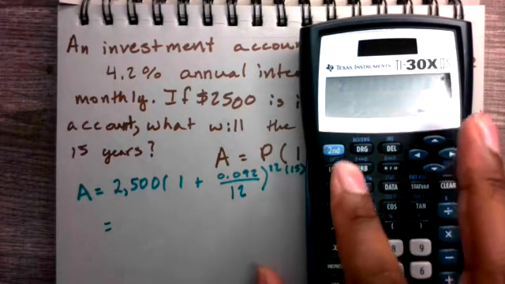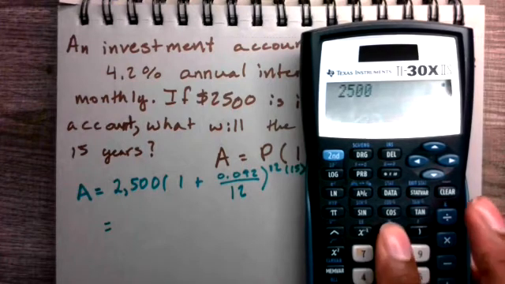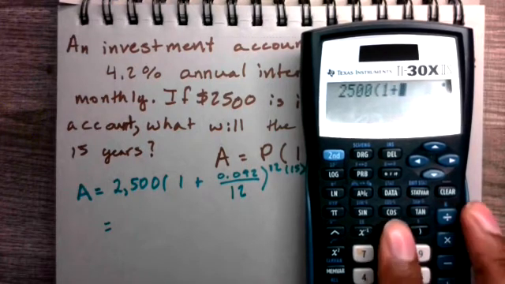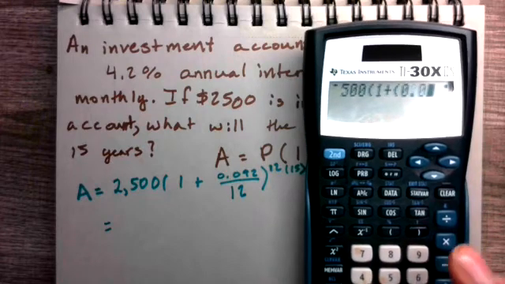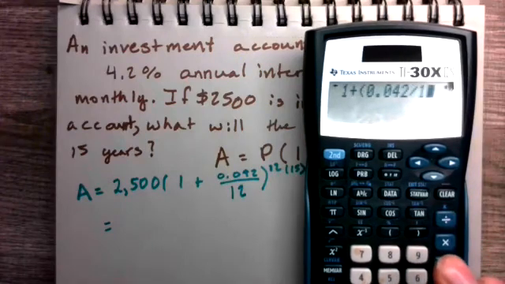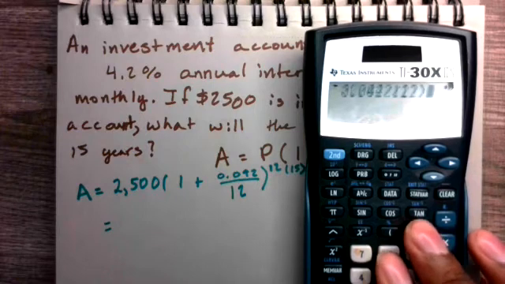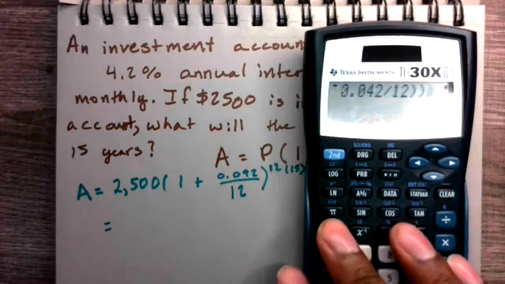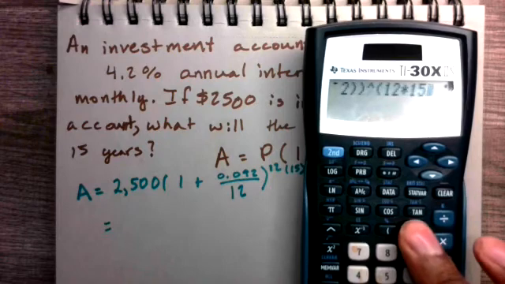So let's see, we're going to have 2,500 times 1 plus, I'm going to put this in parentheses, 0.042 divided by 12. Double close parentheses, because we're going to take this to the 12 times 15.